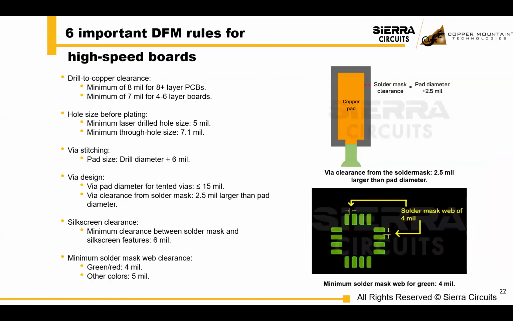Some DFM rules for the RF circuit boards. Start with drill to copper clearance that's 8 mils or more for a 4 to 6 layer board. As your board gets higher in layer count, you want more drill to copper, because at lamination time, materials will move around. It's harder to drill.